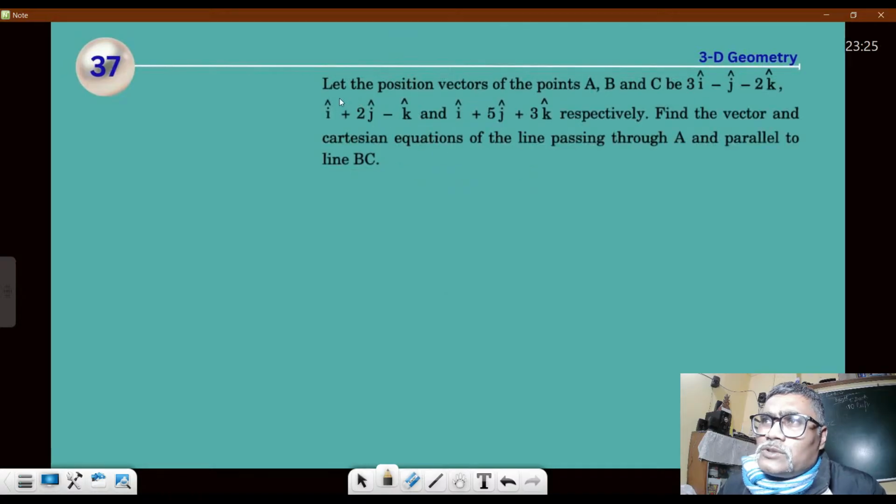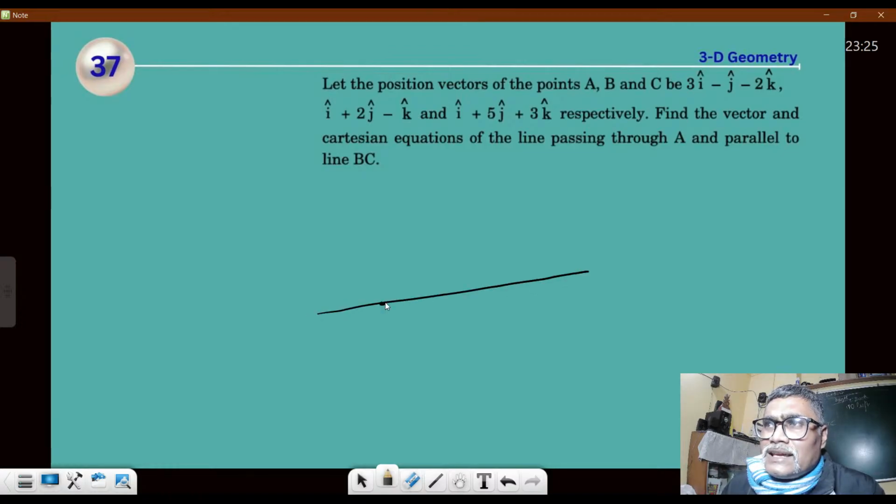Let the position vectors of the points A, B, C be respectively this. Find the vector and Cartesian equation of the line passing through A and parallel to BC, right? So here also you can just construct a rough figure.